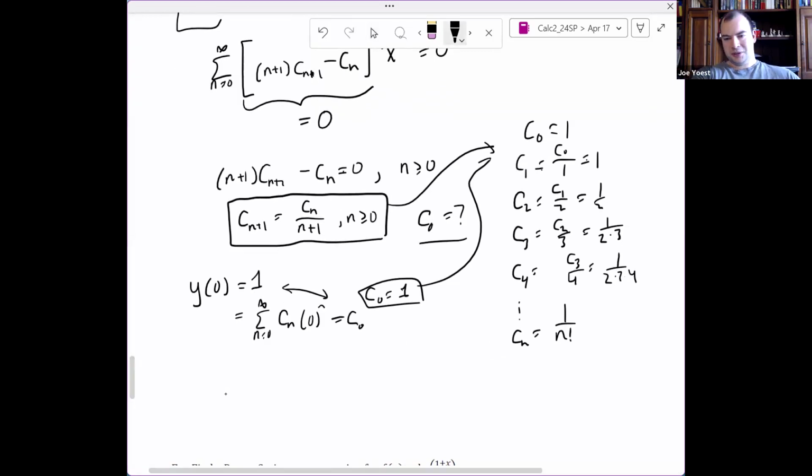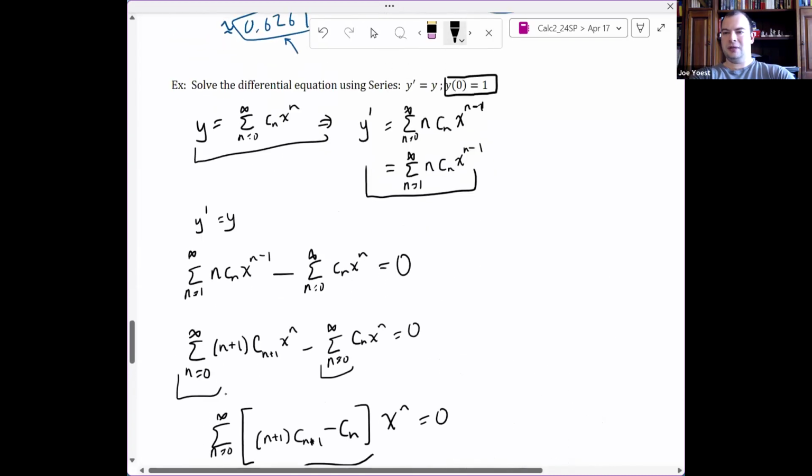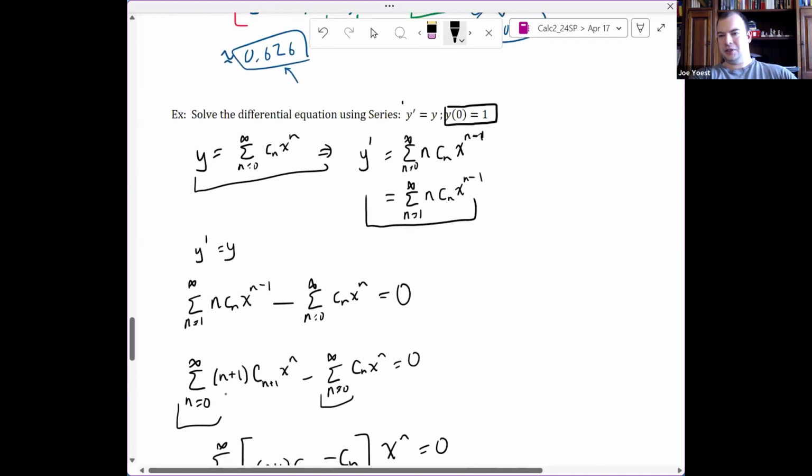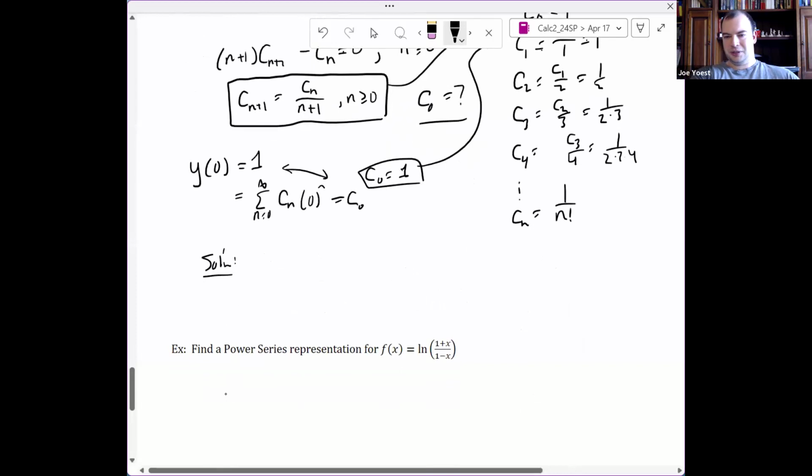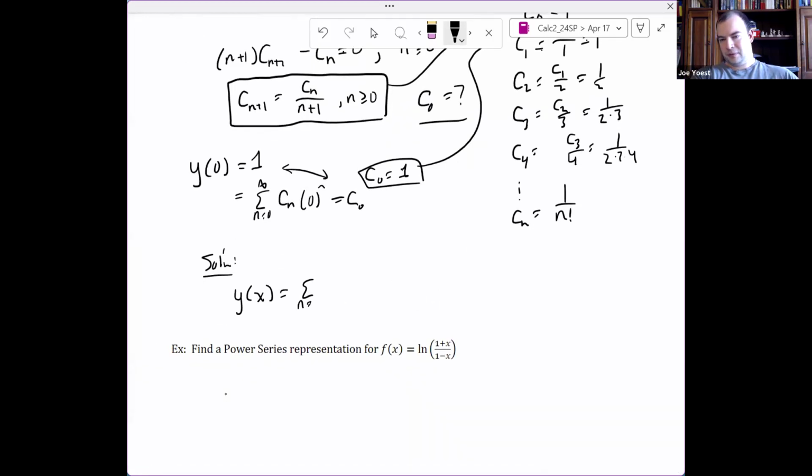So what's my solution to the initial value problem? What's my function that solves this differential equation subject to that initial value? Well, my solution is the sum n equals 0 to infinity of 1 over n factorial times x to the n, or x to the n over n factorial.